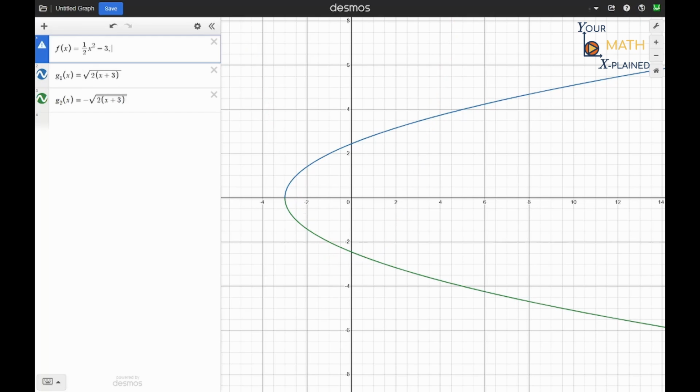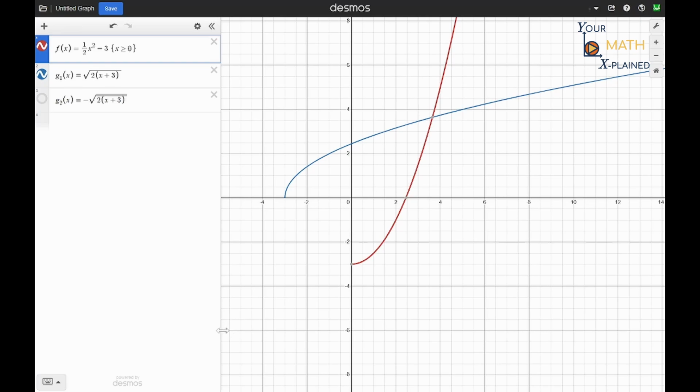So here, we're going to add the restriction that x has to be greater than or equal to 0, which means we're only taking the right side of that parabola. So now, notice that if we only have the right half of the parabola, then the positive square root portion is the inverse of this red graph.